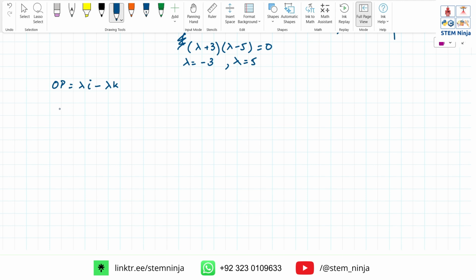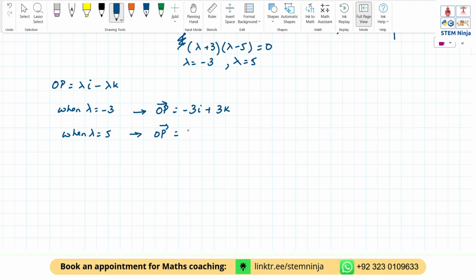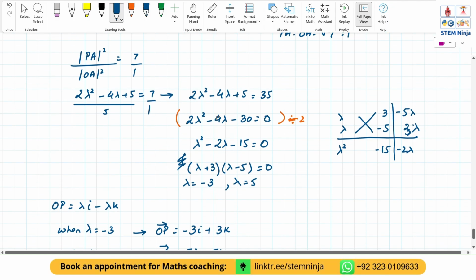So when lambda is equal to minus 3, you get OP equals minus 3i plus 3k. And when lambda is equal to 5, you get OP equals 5i minus 5k. And that's about it for this question.